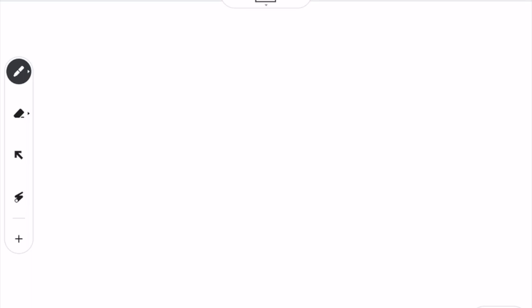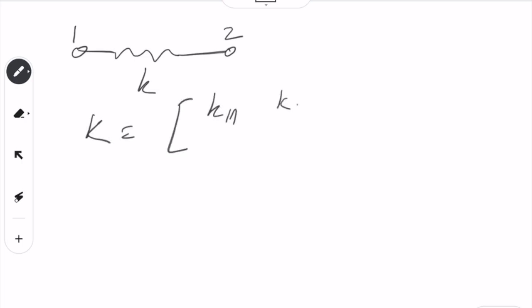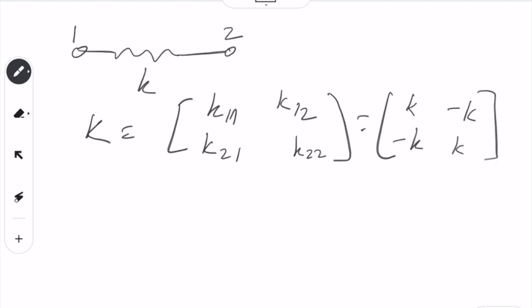Let's say we have one spring here, and the stiffness matrix because of that will be, if the local numbering is 1 2, k is equal to k11, k12, k21, k22, which is equal to k, minus k, minus k and k.